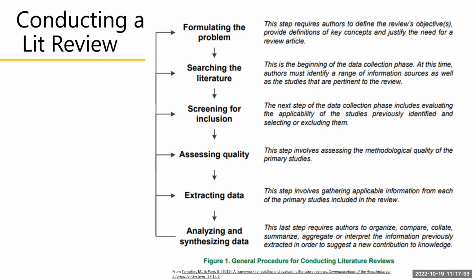Once we get through that and have an idea of the best way to go about searching, we can start screening for inclusion. Now, in a generic literature review, you don't necessarily have pre-selected criteria for inclusion and exclusion. For more structured reviews like systematic reviews, you will have that done before you can do this part.